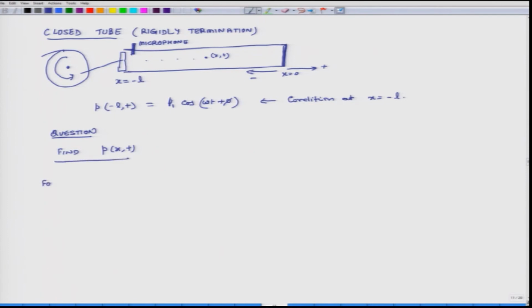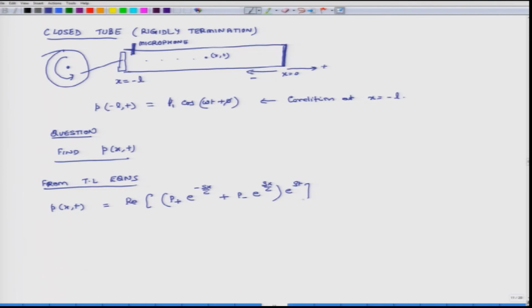So, from transmission line equations, we can say that P of x and t is real of P plus e to the power of minus S x over c plus P minus e to the power of S x over c, times e to the power of S t.